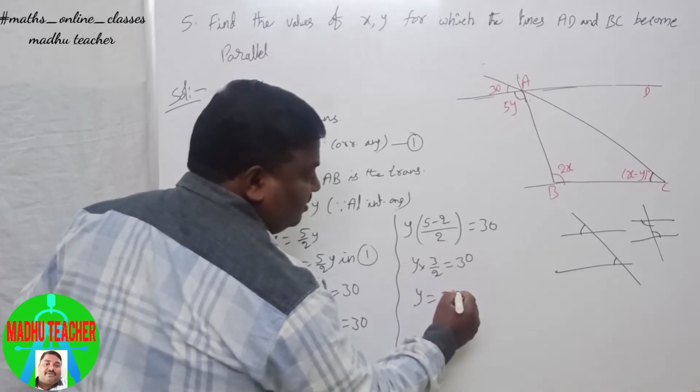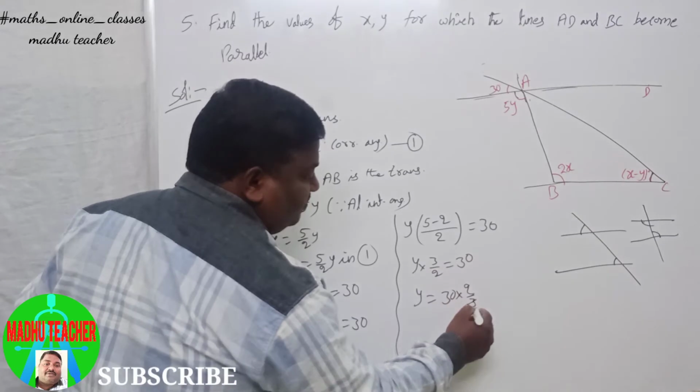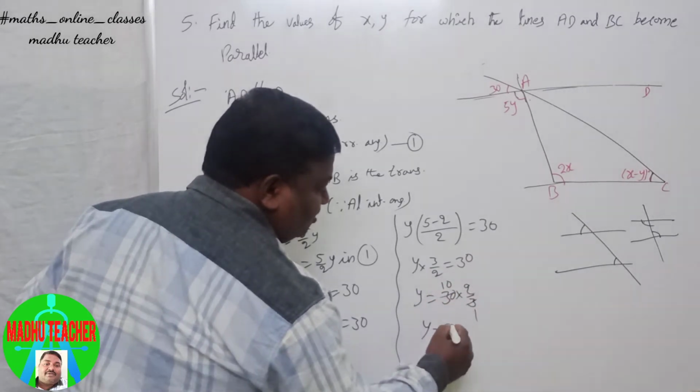Taking the reciprocal on the right side, y equals 30 into 2 by 3. 3 tens are 30, so y equals 20.